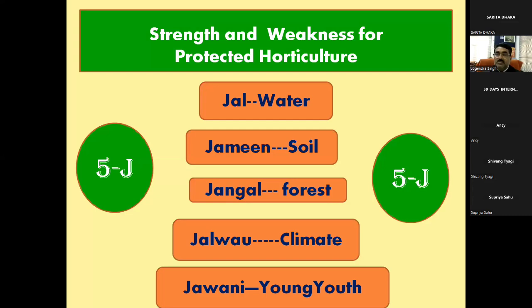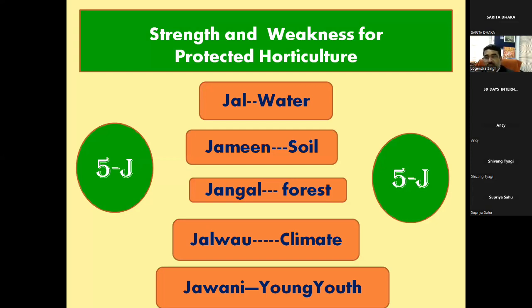So these are the 6 components, the requirement for starting protected cultivation. Without the 6J, we cannot promote protected cultivation technology nowadays.